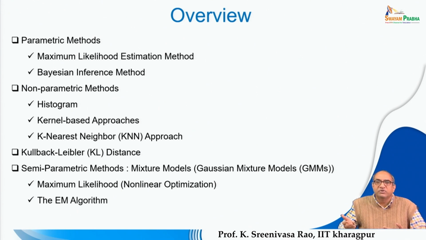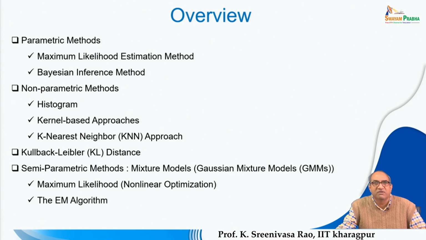Whichever gives the highest value, that particular class label will be hypothesized for the given feature vector, right. So first we need to know the posterior probability, but the posterior probability is indirectly evaluated by the class conditional density. So that way probability density estimation is very much required.